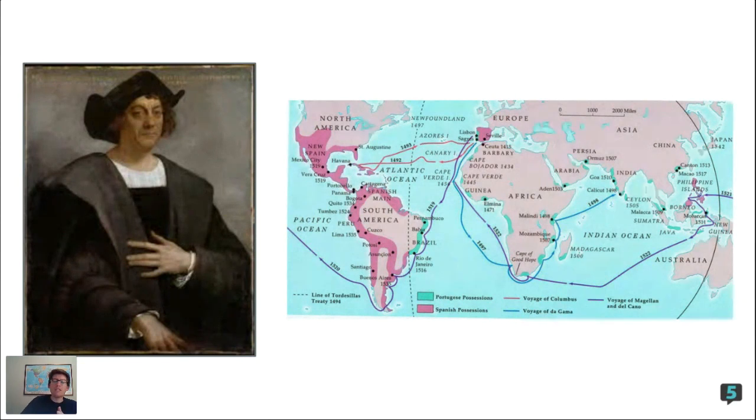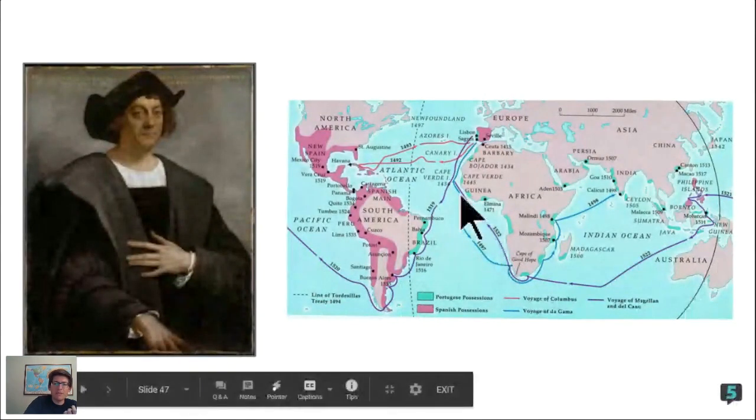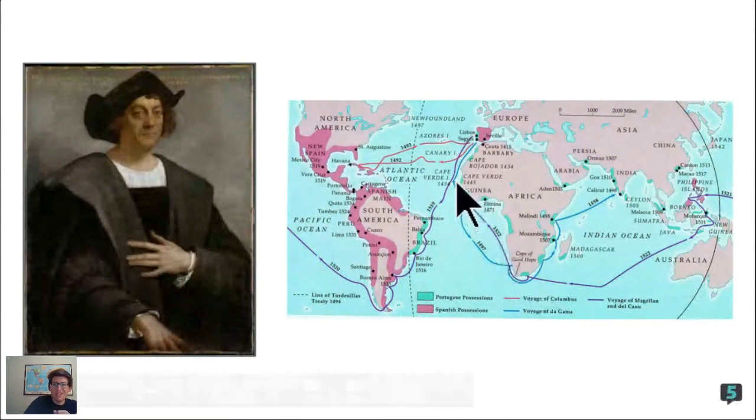And so Spain, Ferdinand and Isabella sponsor Columbus and others in their exploration of the Atlantic and later the Pacific Ocean. Magellan, for example, which you see on this map, you can see his circumnavigation of the globe. He doesn't make it all the way around, but one of his ships does.